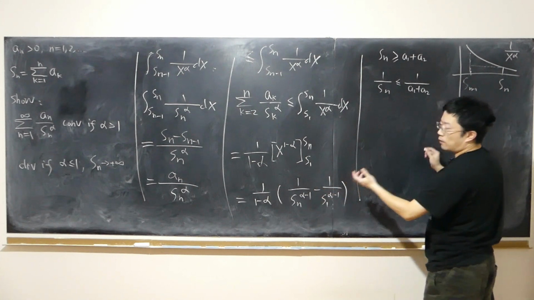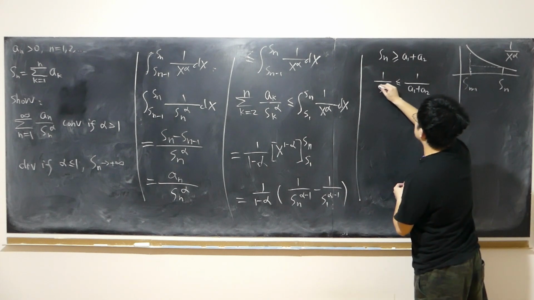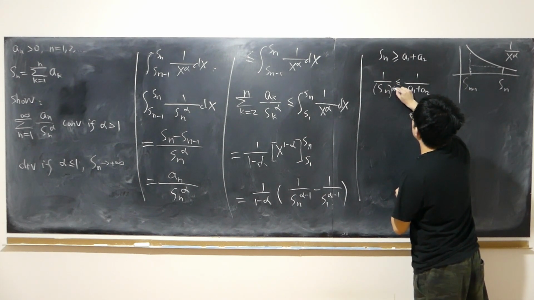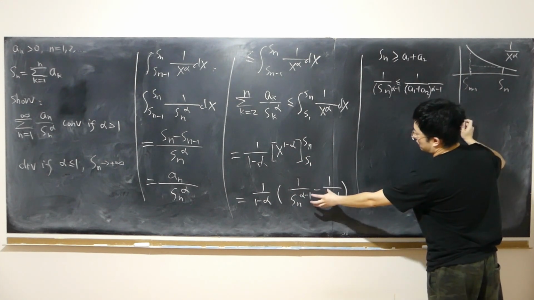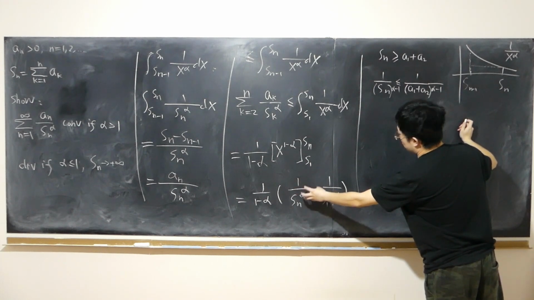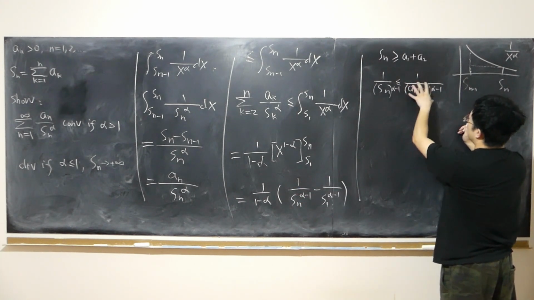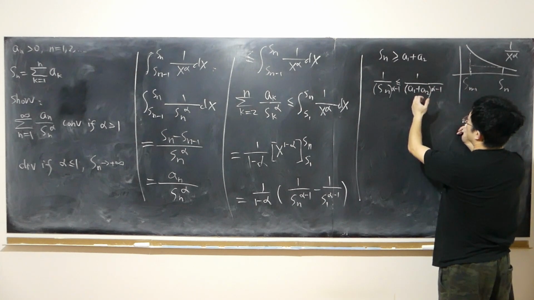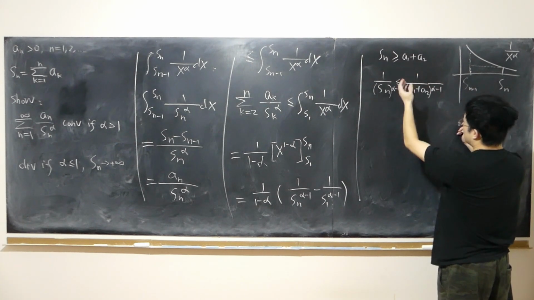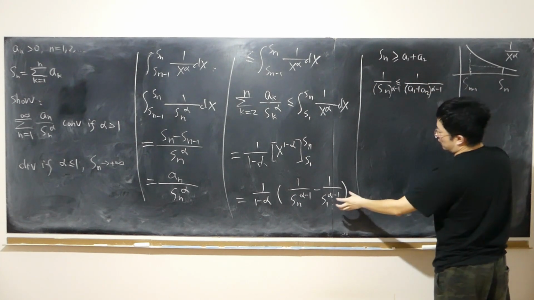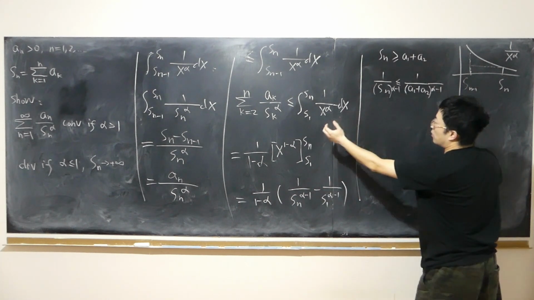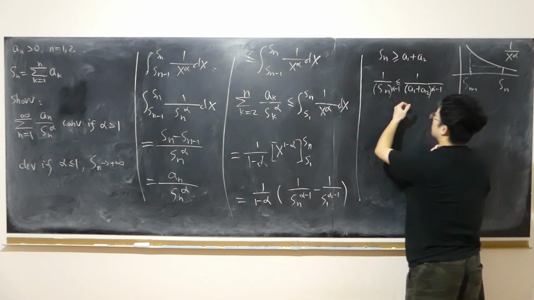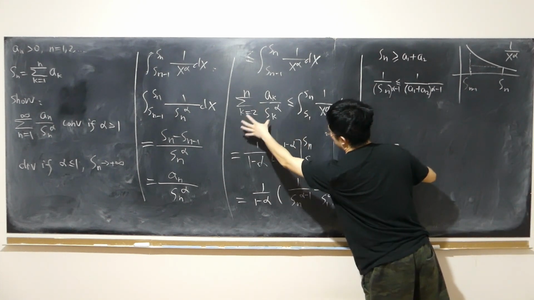Alpha minus 1 is positive, so it still remains. So this part is really bounded above by some constant that has nothing to do with the value of n, as n is big enough. So again, this part is constant. A positive series bounded above has to be convergent.